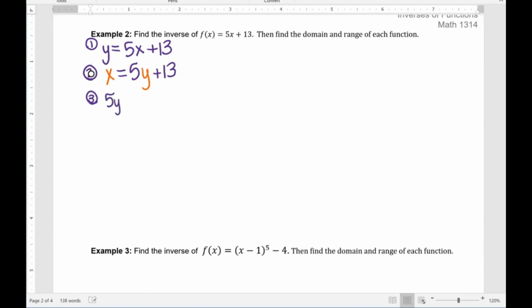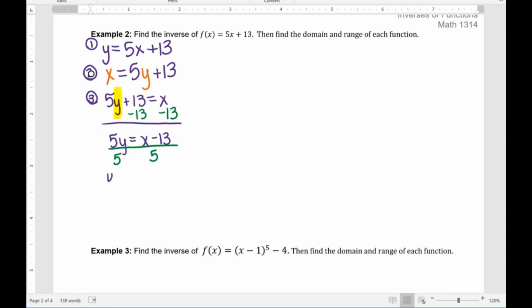So I'm going to rewrite my equation with y on the left-hand side because that is the variable we are solving for. My first step will be to subtract the 13. So I have 5y equal to x minus 13. And then I'm going to divide both sides by 5.